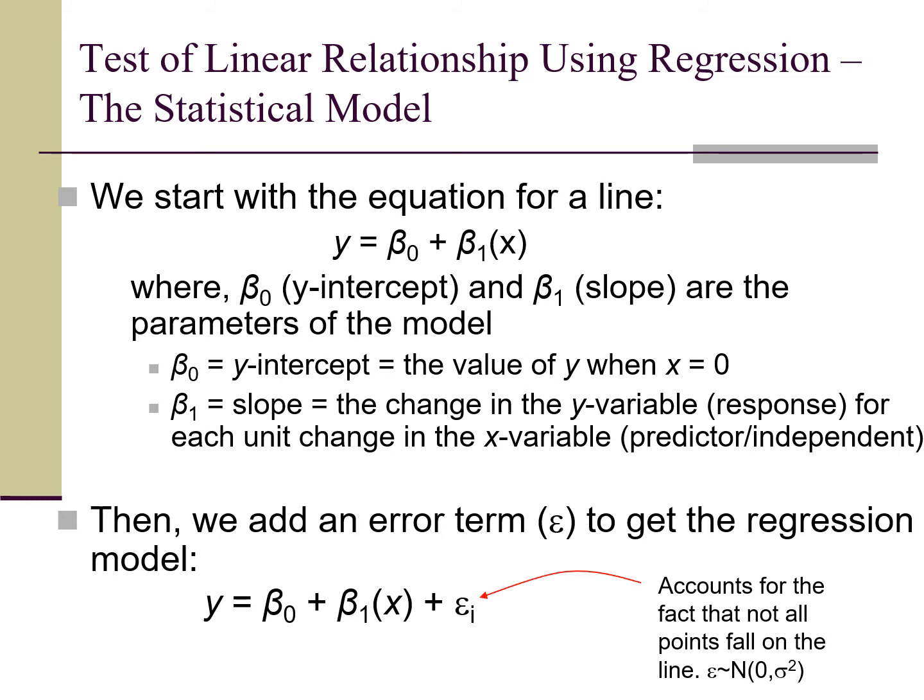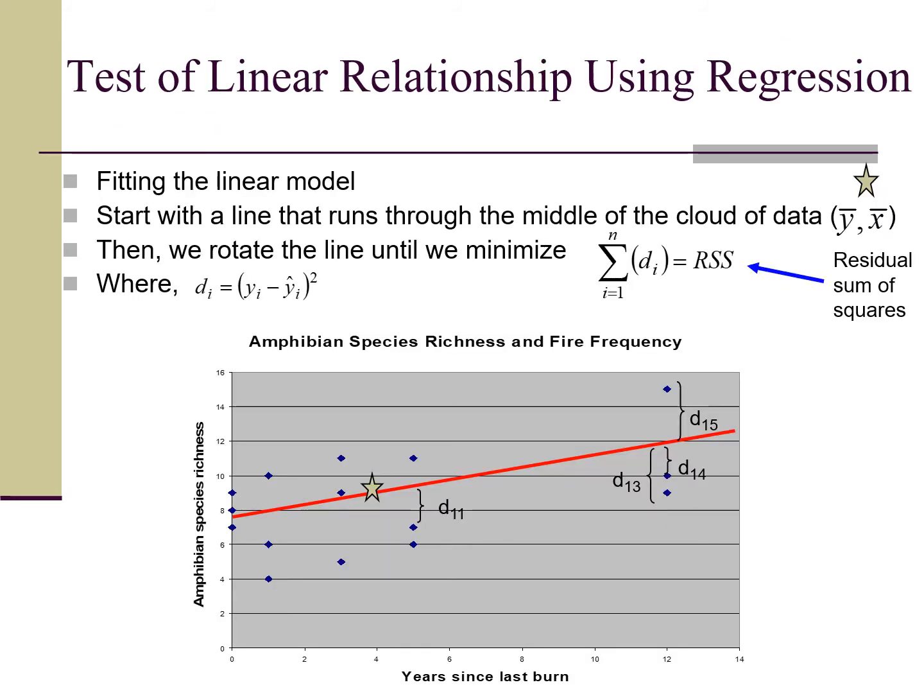Because we're not going to explain all the variance in this data set. We've seen the graph. There's obviously a lot of variability in the number of species as a function just of age since burn. You fit the linear model. So we start with a line that just kind of runs through.